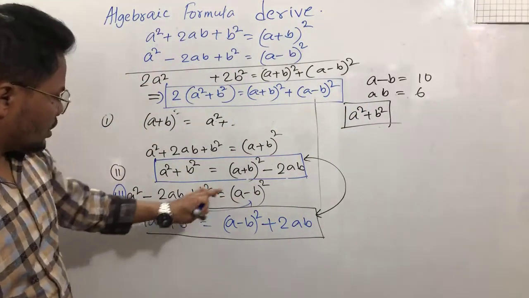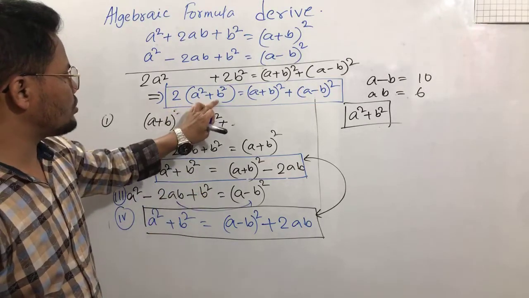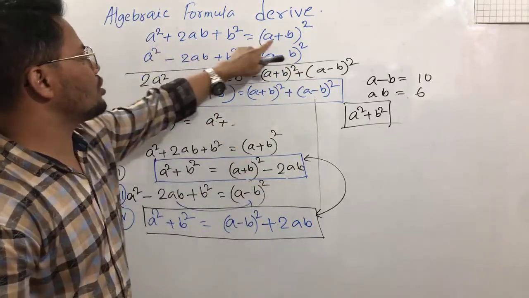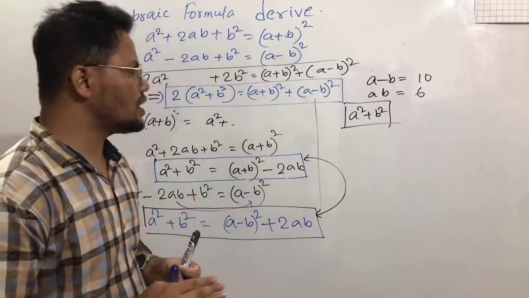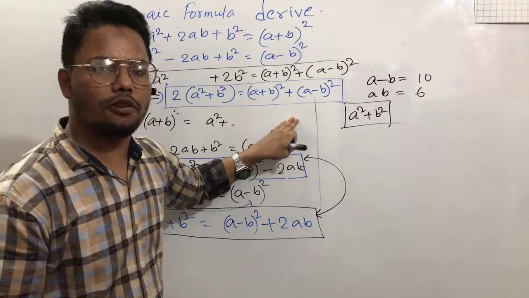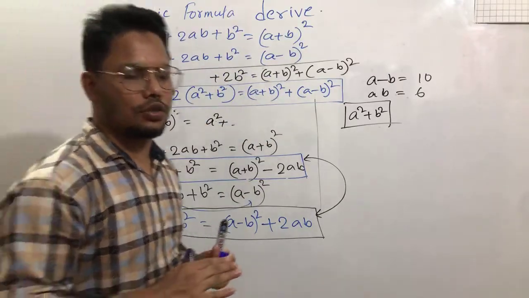So A square plus B square, 2 times A square plus B square, all these formulas basically came from the first one and second one. Doing the addition between them or changing left side to right side, you can derive the new form. And so, my dear students, I think this is clear to you.